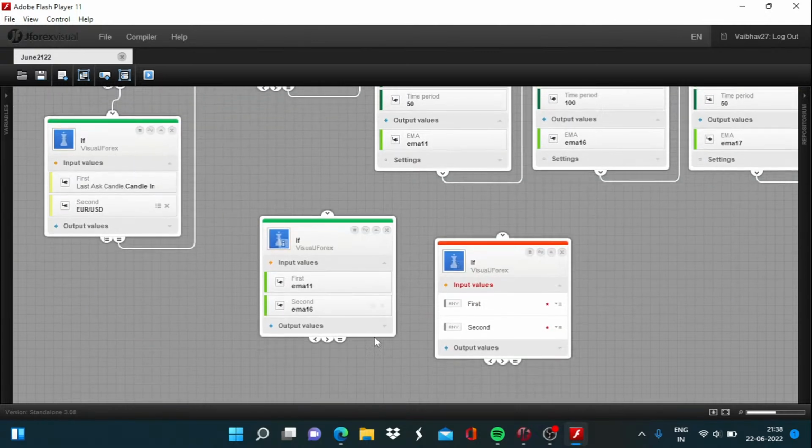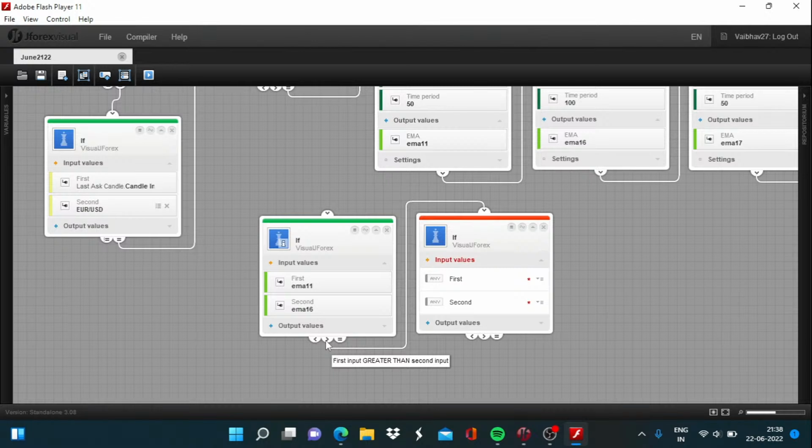EMA 11 needs to be above EMA 16. First input greater than second input.